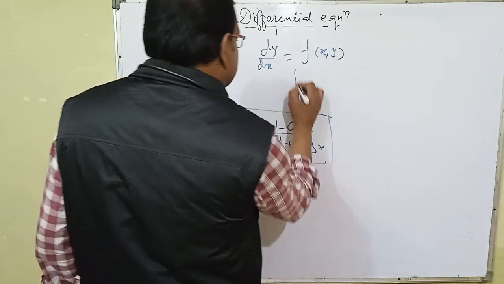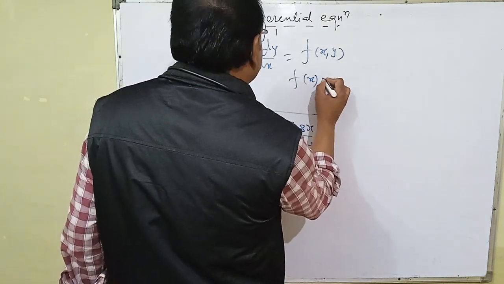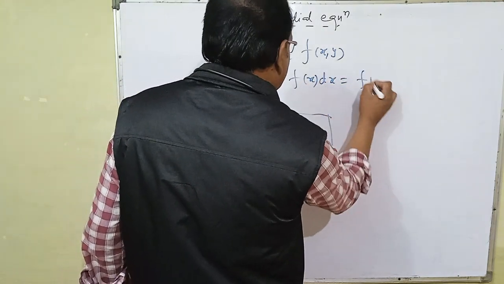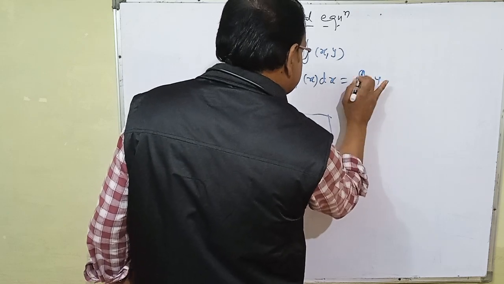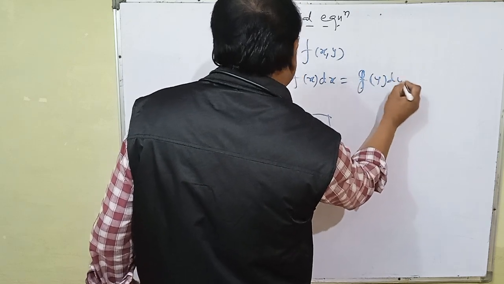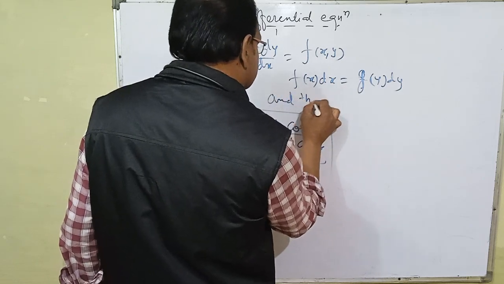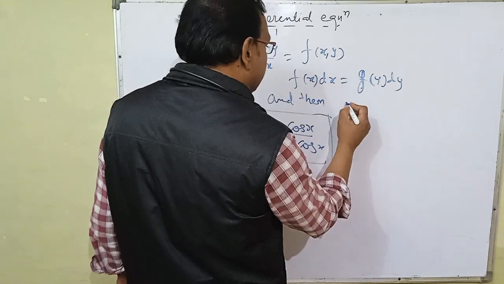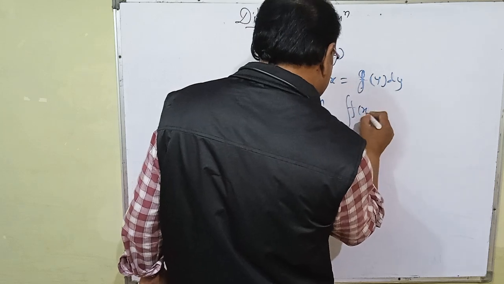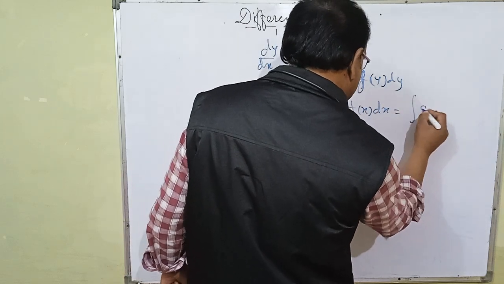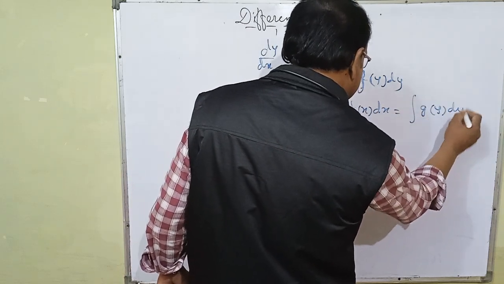This type of question will become f(x) dx is equal to g(y) dy, and then we have to integrate: integral of f(x) dx is equal to integral of g(y) dy.